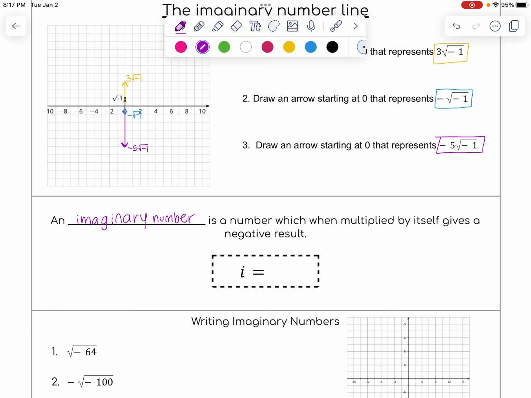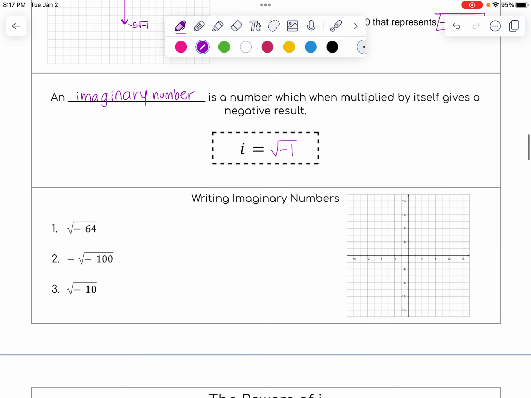And the simplest imaginary number, i, is the square root of -1. So now how can we use i to simplify other imaginary numbers? For example, here I have the square root of -64. So that's a little bit larger than just the square root of -1.